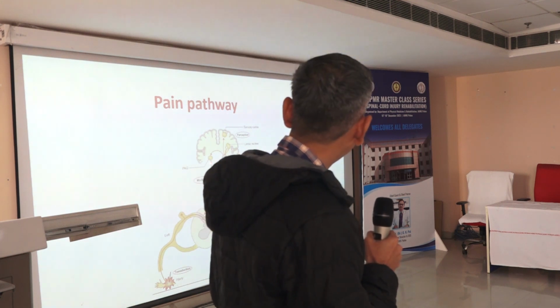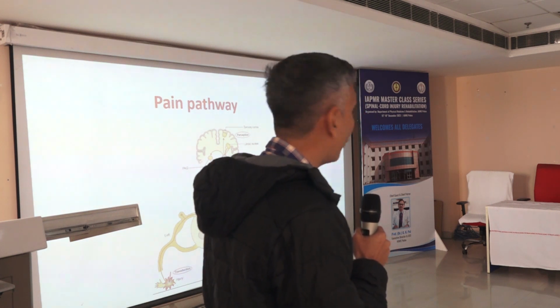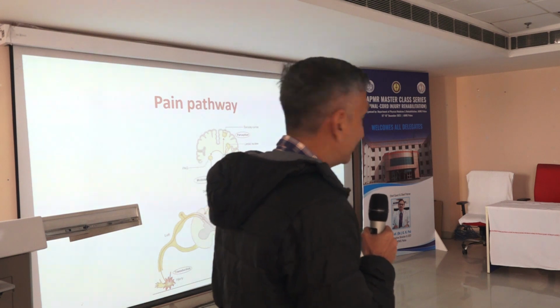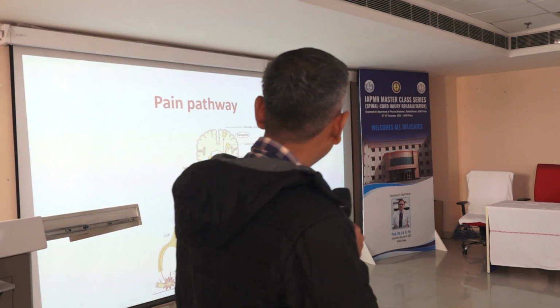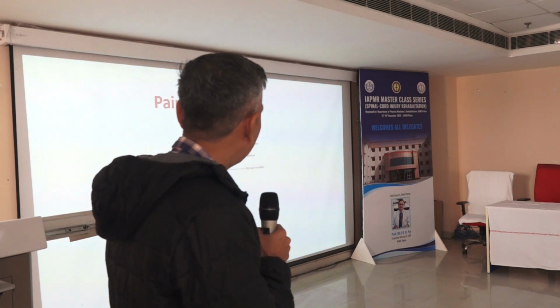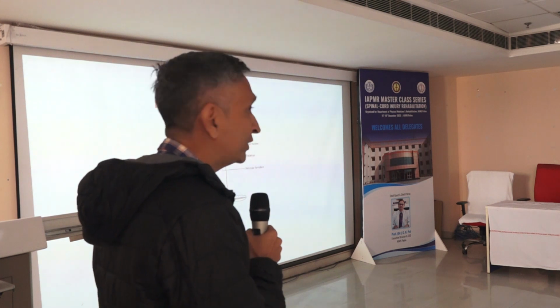So here it acts by noradrenaline and serotonin, and when it comes down, here there is the action of opioids and cannabis, acting at this level. And your gate control theory also is acting at this level.